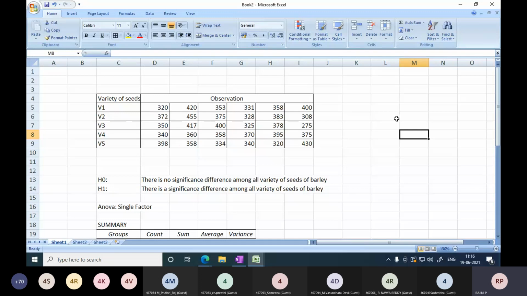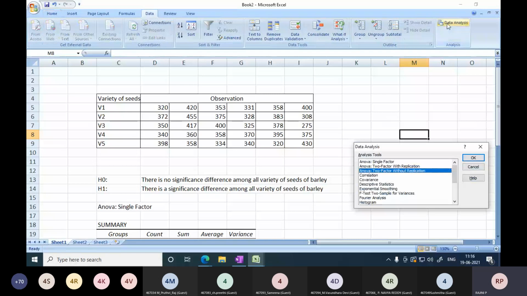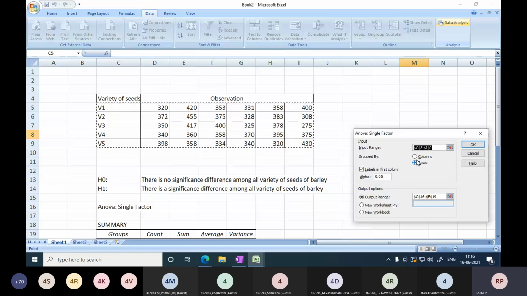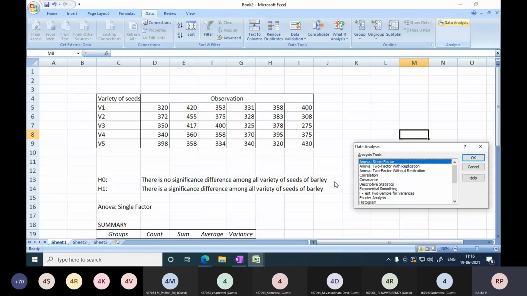So in the data analysis, single factor, by default it will be in columns. You need to take it into rows. Is it clear? You need to remember this. And for the two-way classification or for the RBD, you need to take ANOVA two-factor without replication, not with replication, dear, without replication. These two you need to remember. Any doubts anywhere? Is it clear, everybody?